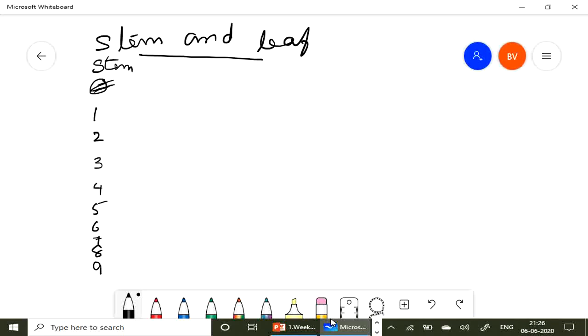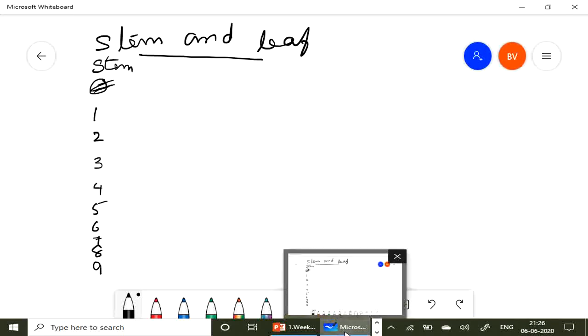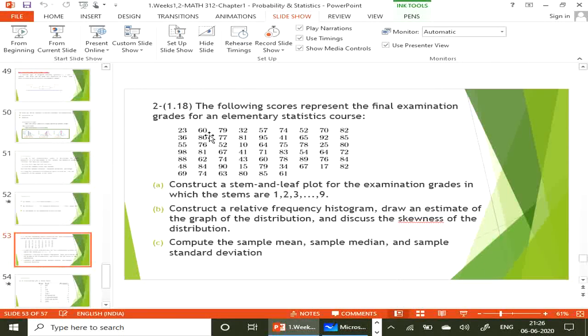Now the stem is 1, double digit, starting with the 1. Search it. What are they? Is there anything here? No. Here 10 and 10. Here 17.